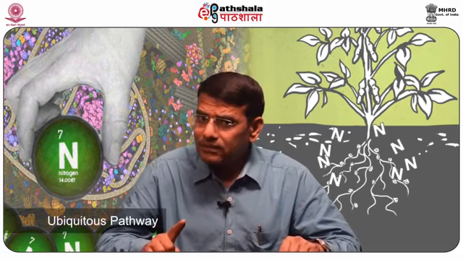So students, let us summarize what we have learned in this module. Glycolysis was the first pathway completely elucidated, and it is the most extensively studied pathway. Glycolysis is a ubiquitous pathway.